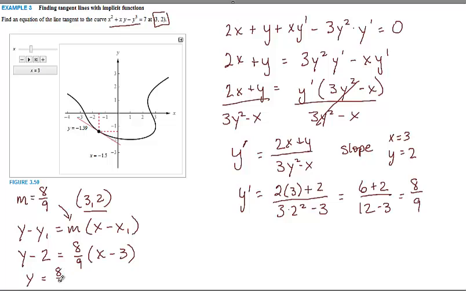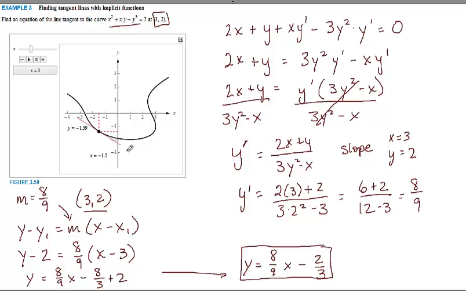Y equals 8/9 x minus, multiplying this would be 8 over 3 plus 2. Getting a common denominator, y equals 8/9 x minus, this would be 6 over 3, so minus 2/3. That is the equation of the tangent line, the equation of the tangent line at that point.